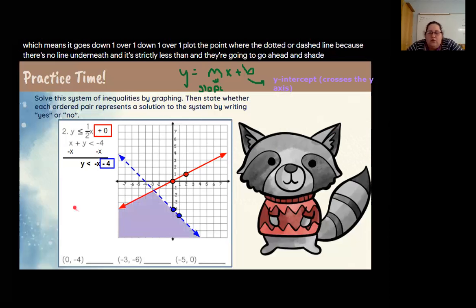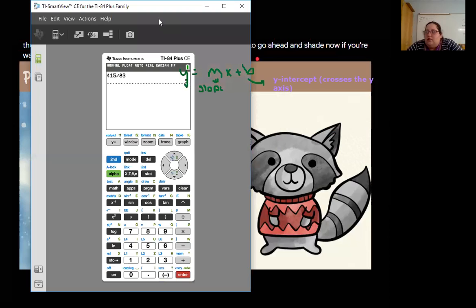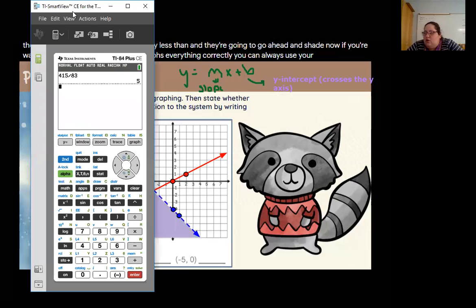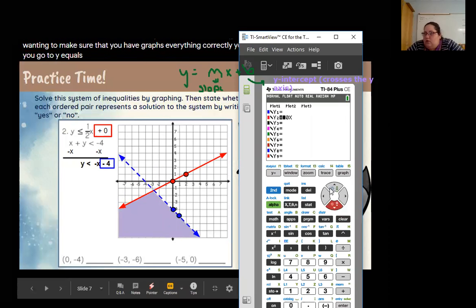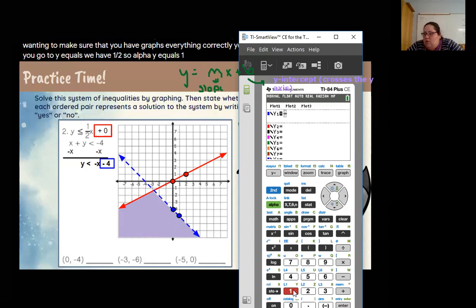Now, if you want to make sure that you have graphed everything correctly, you can always use your calculator. So if you go to y equals, we have 1/2 x.